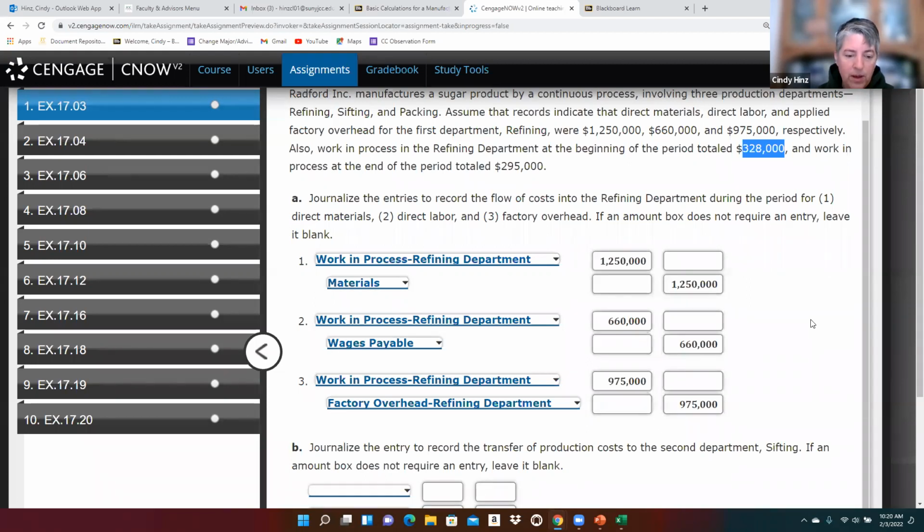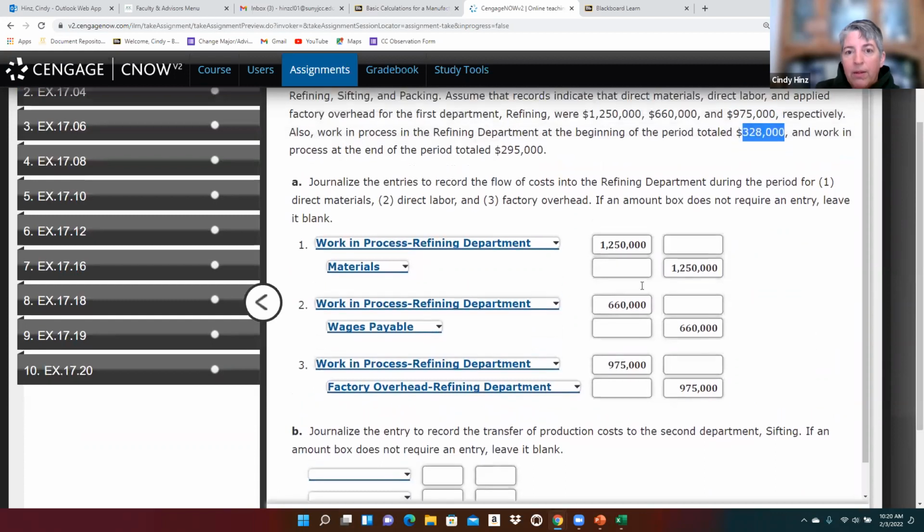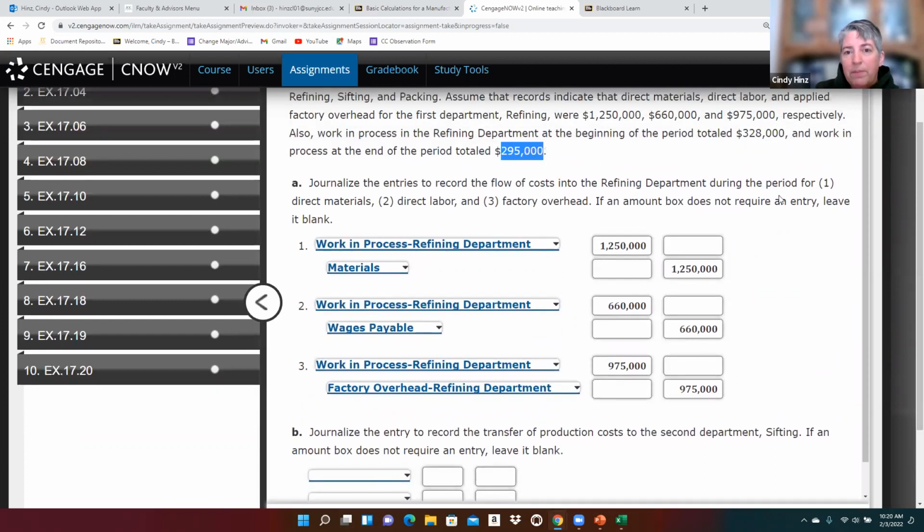Materials, direct labor of 660,000, and then the overhead that was allocated. And so now I have the total costs that were in that refining department at some point during the period. What I found was $3,213,000. We're told that at the end of the period, there was still 295,000 left. So that represents work that was in process, but was not completed.